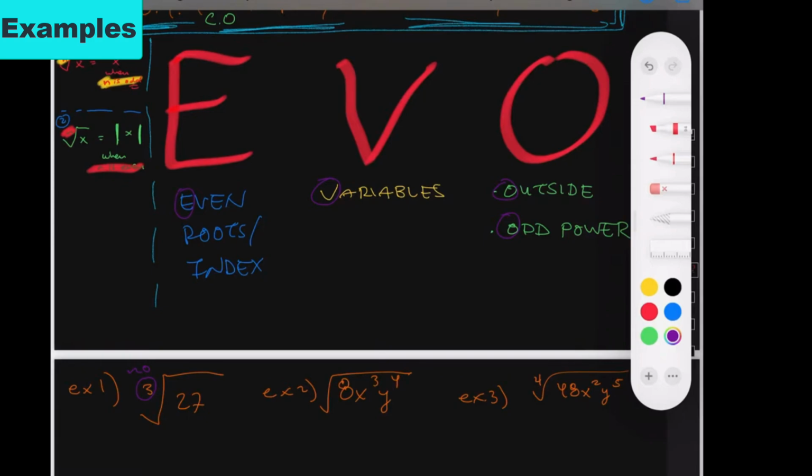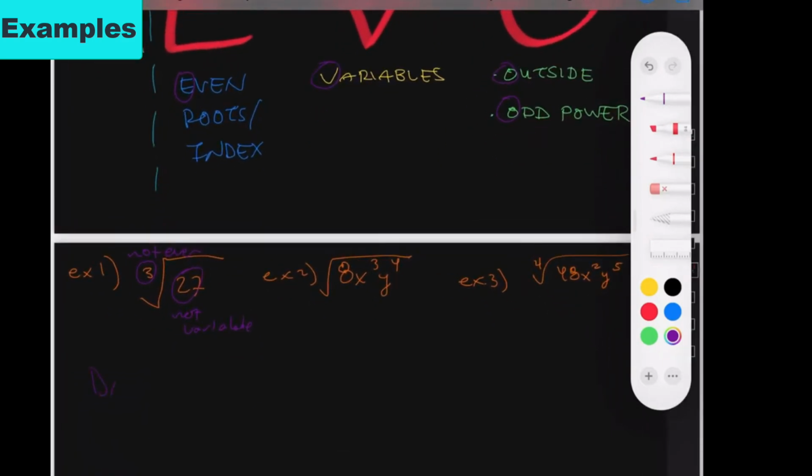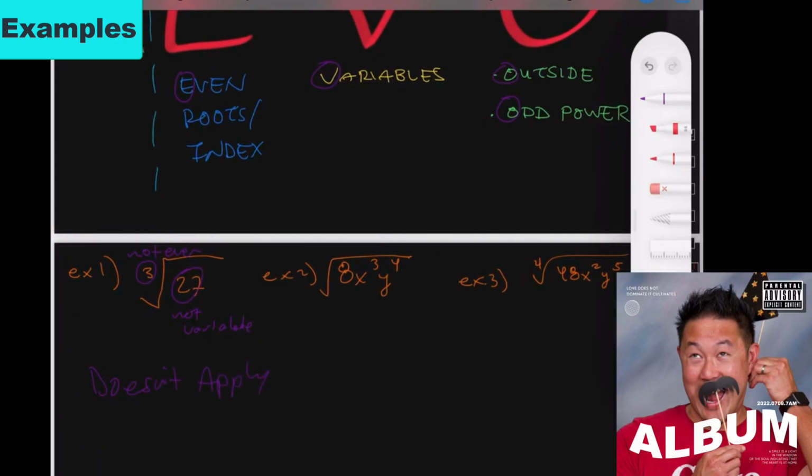And also for the V, it's not a variable, not even. So this was kind of a trick question to make sure you see that EVO doesn't apply here, but you can still actually simplify the problem.